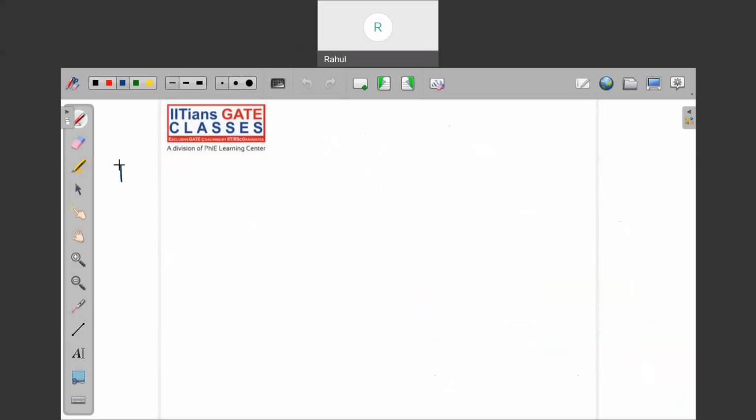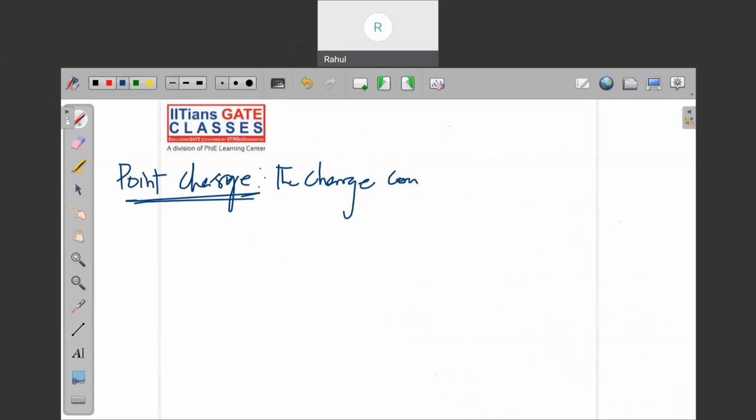So let me define point charge. What is a point charge? The charge confined to a point is known as a point charge.